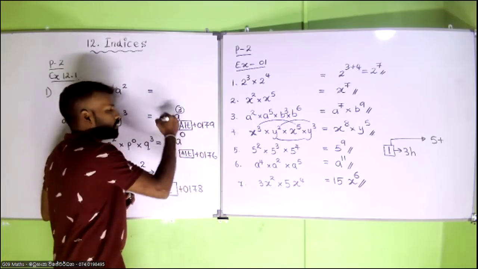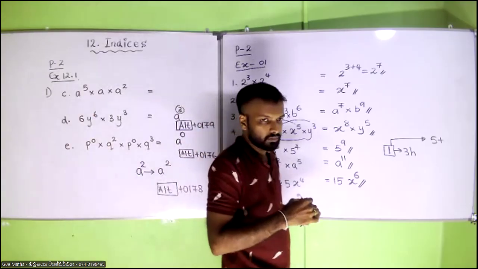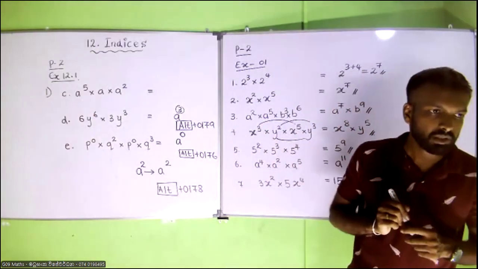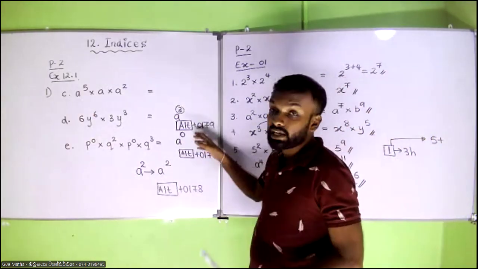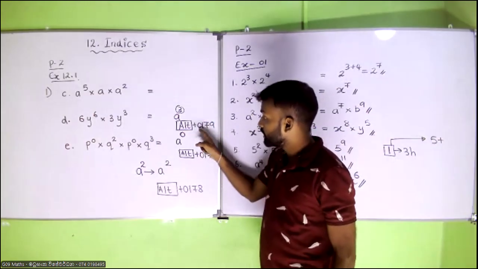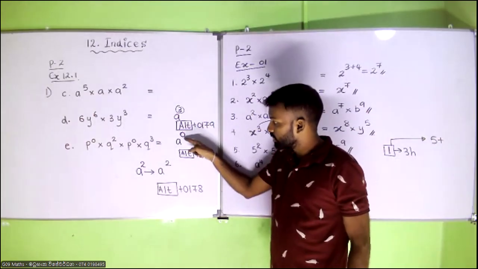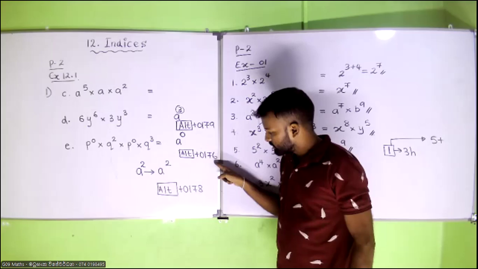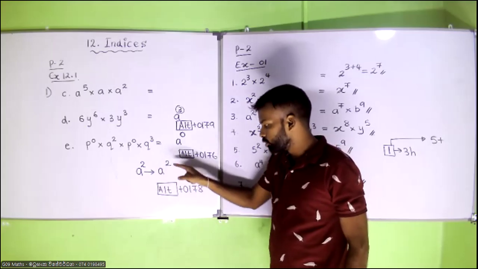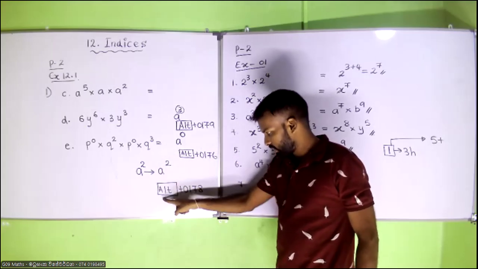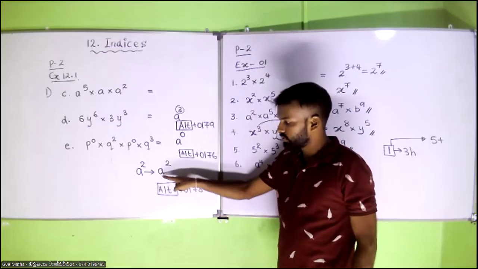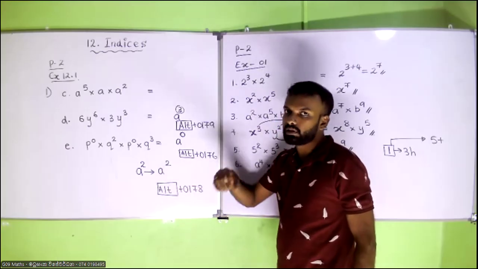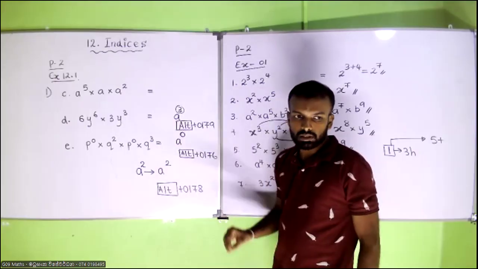Then power 3 will appear at the end. Just try it. For power 3, 0179. For power 0, 0176. For power 2, 0178. Alt plus this. First of all, you have to type the letter you want.